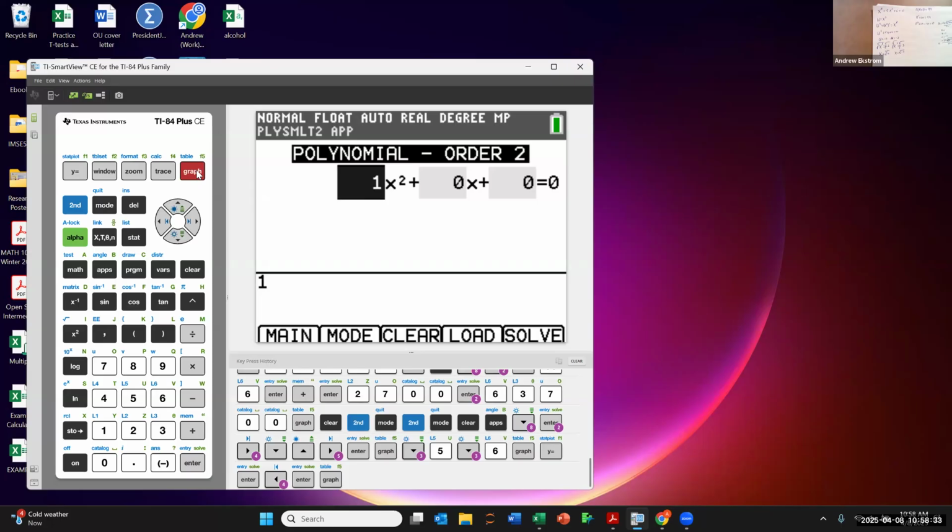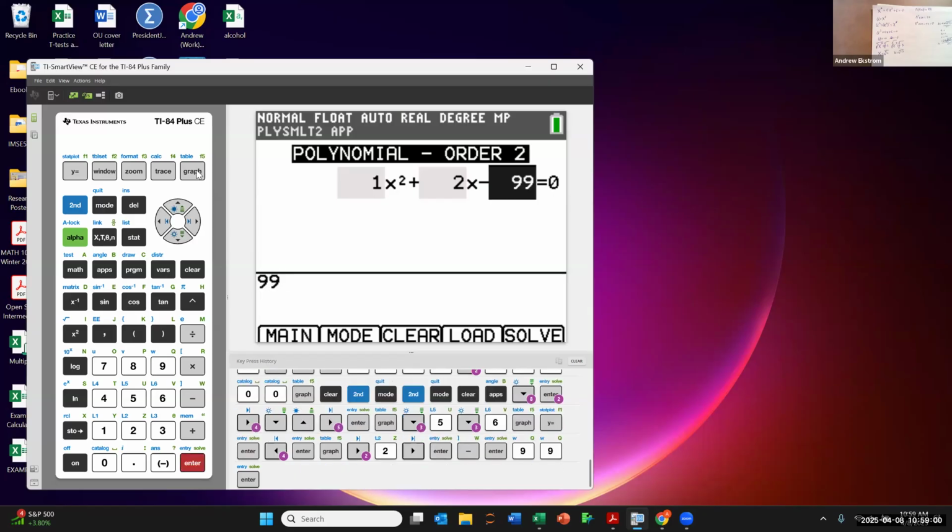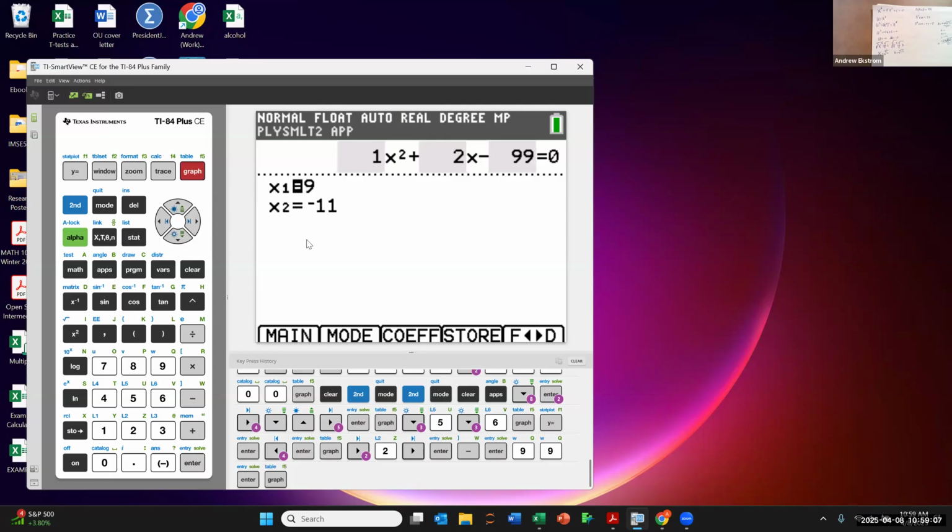On one of the other calculators I was using, it looks like the other thing that we had, where we had a6, a5, a4, a3, and all that. So I can now say the coefficient out in front of n squared is 1, plus 2, and then minus 99. And again, we want to solve this, so I have to hit the graph button.